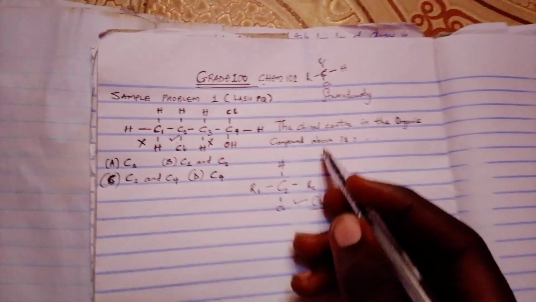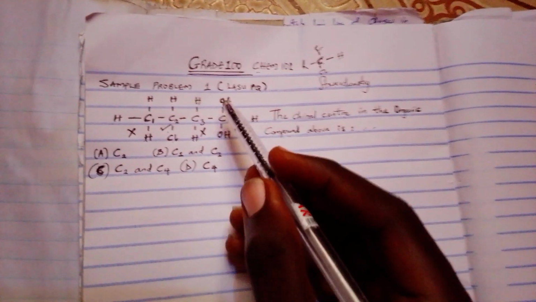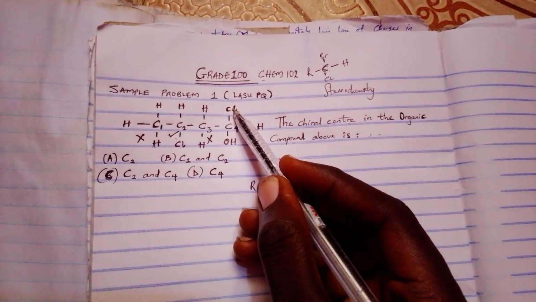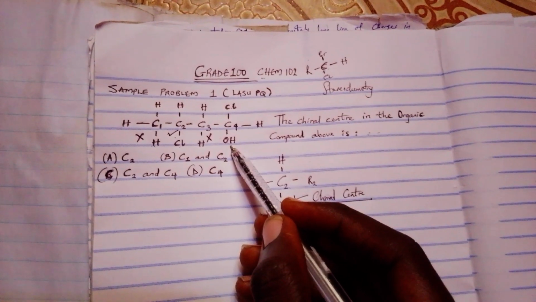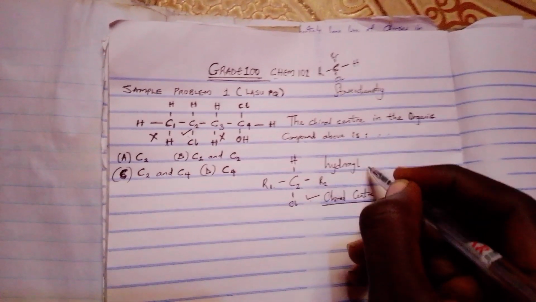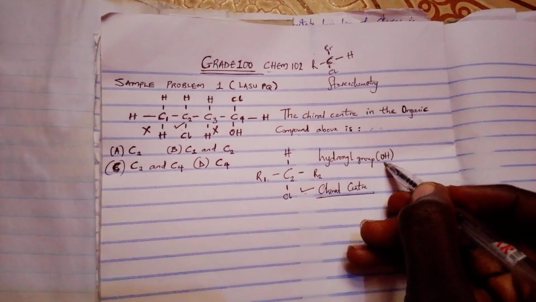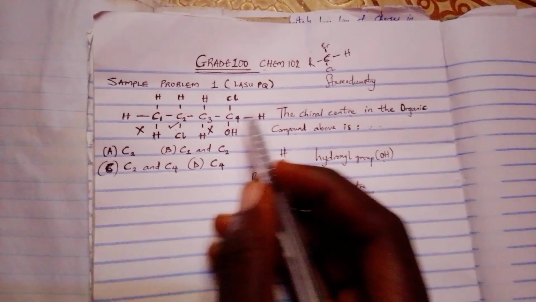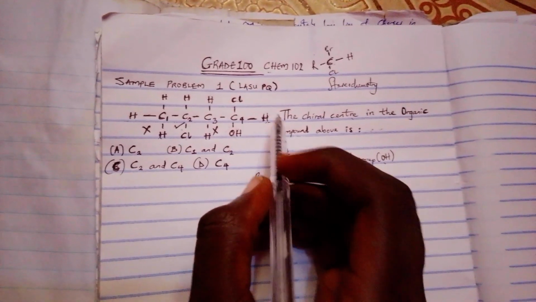Now to the last carbon here, which is carbon 4. If you check it very well, carbon 4 is attached to chlorine up here, and attached to the hydroxyl group down here. That's the OH, which is the functional group for alcohol. You can clearly see that these two are different groups. It's also attached to hydrogen at this extreme end, another different group.